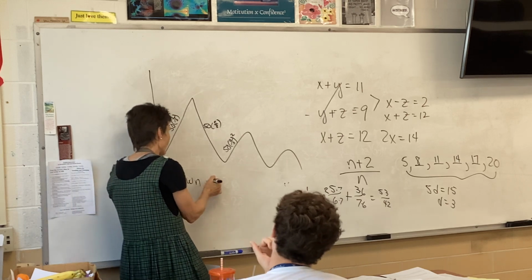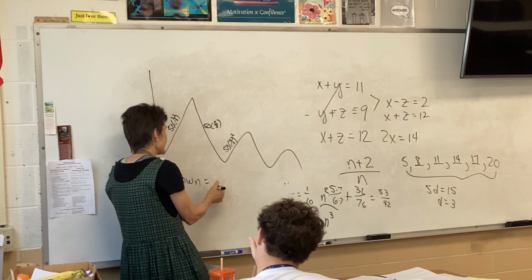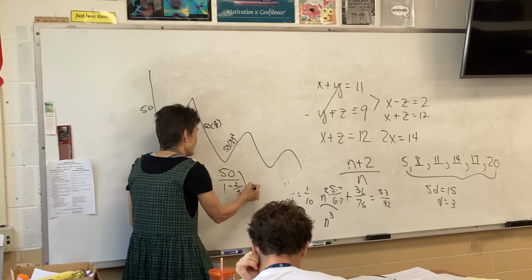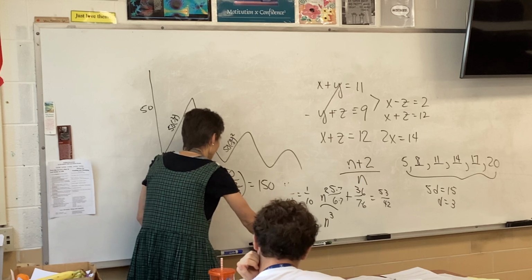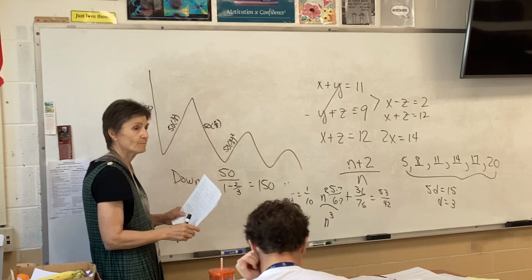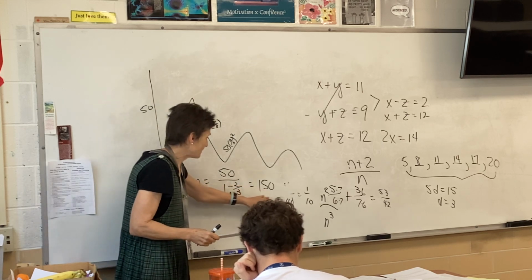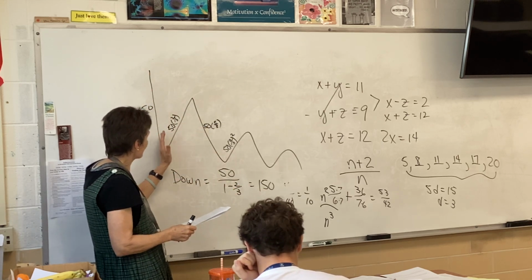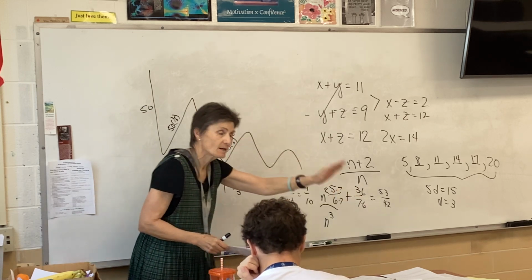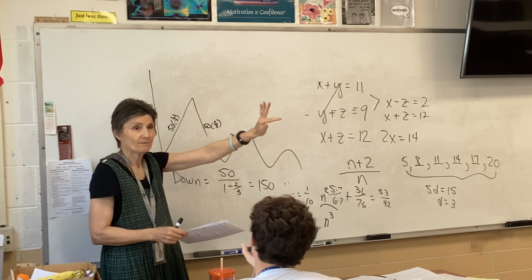If we look at the downs, the sum will be the first term over 1 minus the ratio. So I think that's 150. 50 over 1/3. What does that 150 mean? That means this, plus this, plus this, and this, and this, and this, all add up to 150.